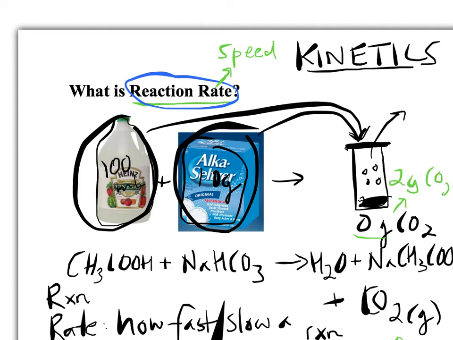Again, I'm just making up these numbers, but the idea is the concentration of products increases over time. At the same time, since we're using up vinegar and Alka-Seltzer, you're no longer going to have 100 milliliters of vinegar or 10 grams of Alka-Seltzer. The concentration of reactants is going to decrease. And we can measure that, we can quantify it, and that's what we're going to do over the course of this unit.